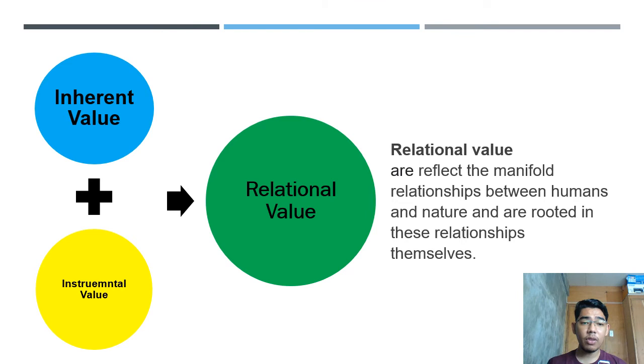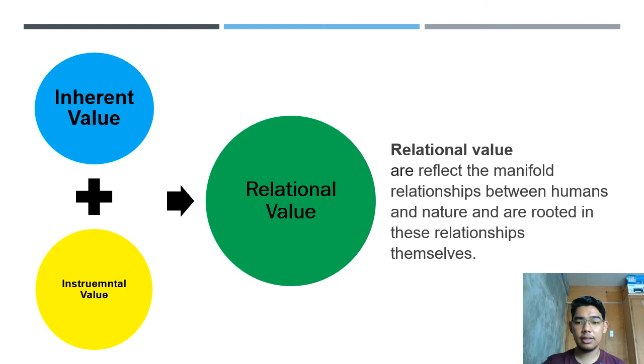For example, the inherent value is nature, and the instrumental value is the intervention of people, the human part. If the environment or nature and humans join together, they result in relational value, because if humans do good to the environment, they form a relationship.